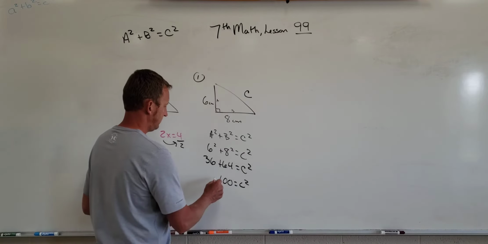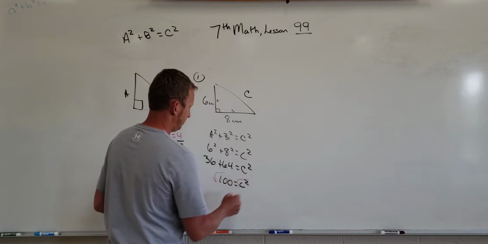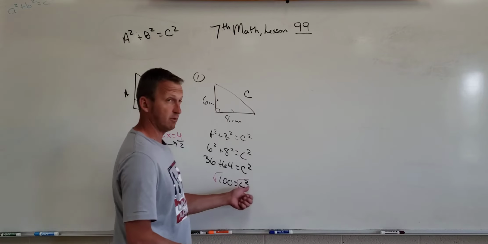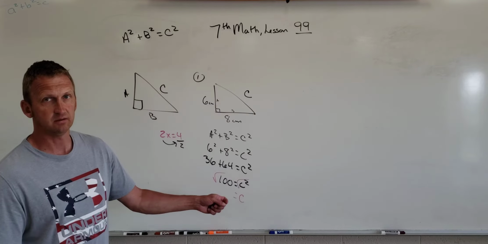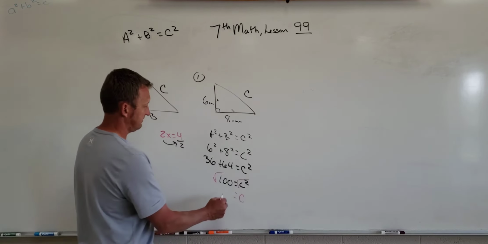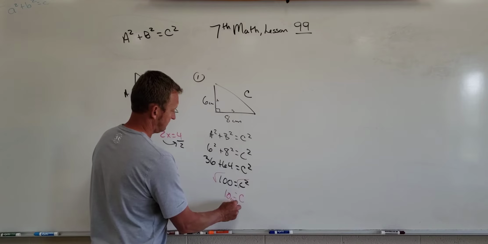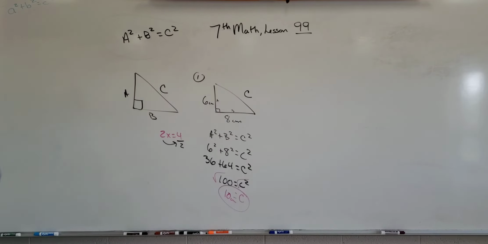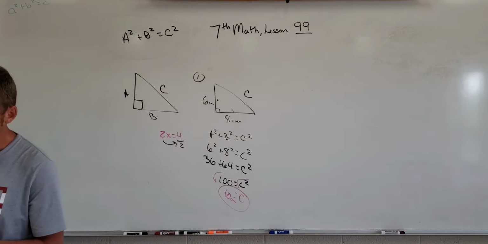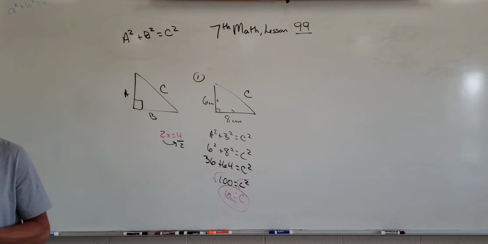So I need to take the square root of both sides. The square root of C squared gives me C. Square root of 100. What times itself is 100? 10. So C is 10 centimeters.